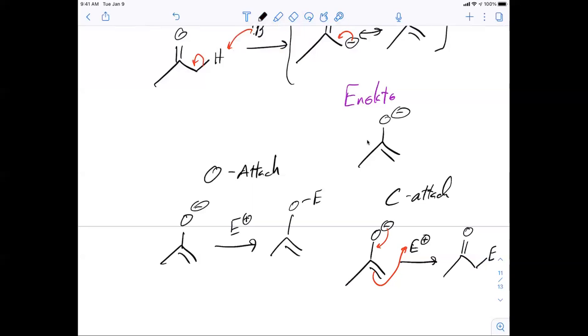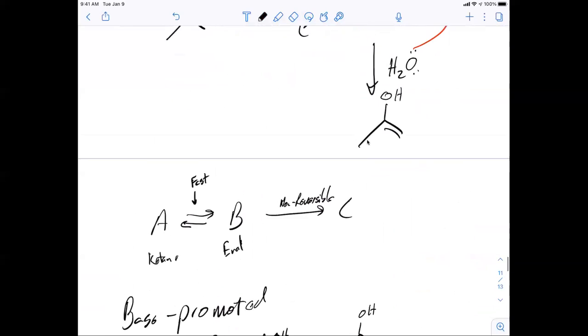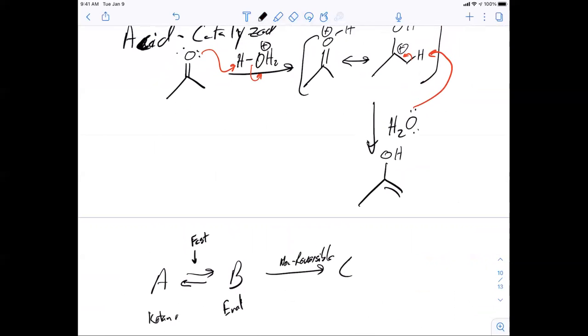If I add a proton to an enolate at the oxygen, I end up with an enol. And we'll see as we go through this chapter that enols and enolates do similar reactions. So there are times when you could protonate the enolate to form the enol, but the resulting reaction will be just the same. The enol will behave just like an enolate.